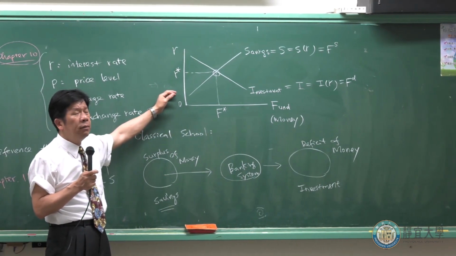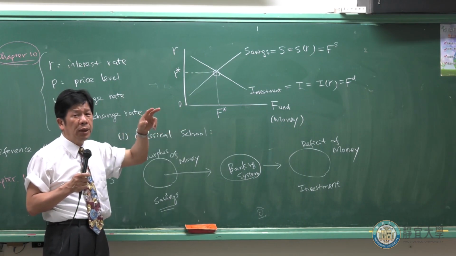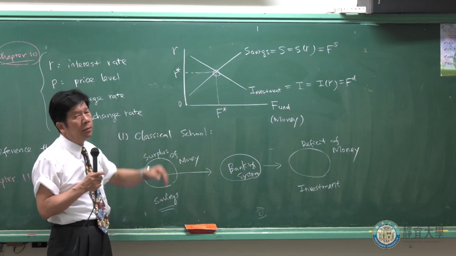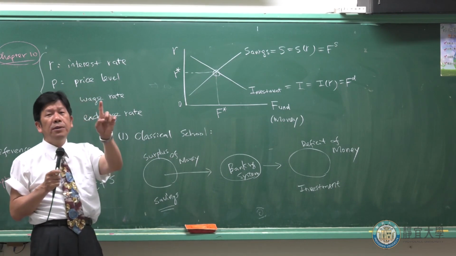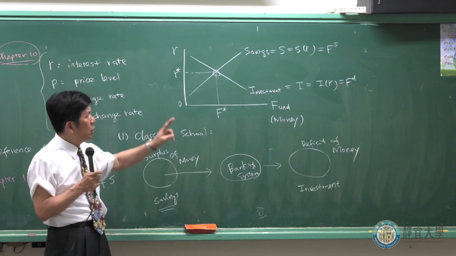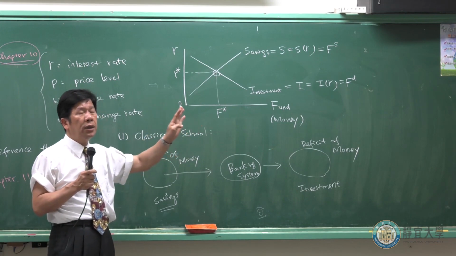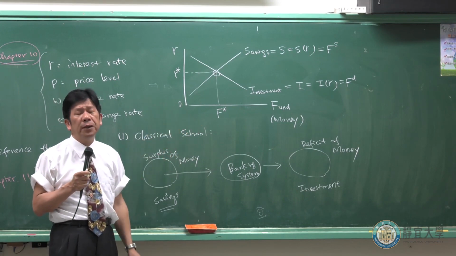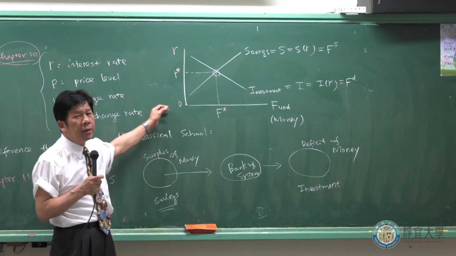So this represents two sectors. We can extend to more sectors. One sector means we only consider the household, and two sectors means one is the household and the other is the firm or business.